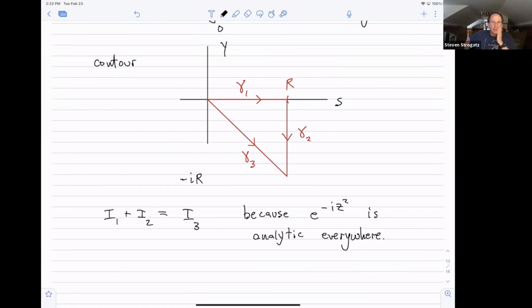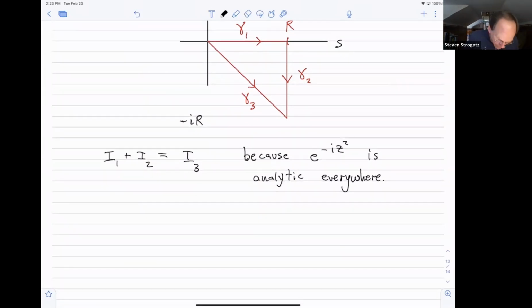It's an entire function, so other than at infinity, in the finite complex plane it's analytic everywhere. And so by Cauchy's theorem, these integrals are equal.